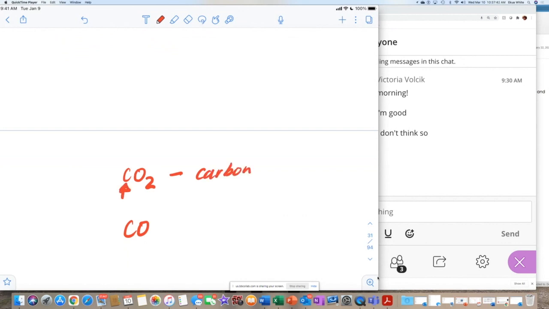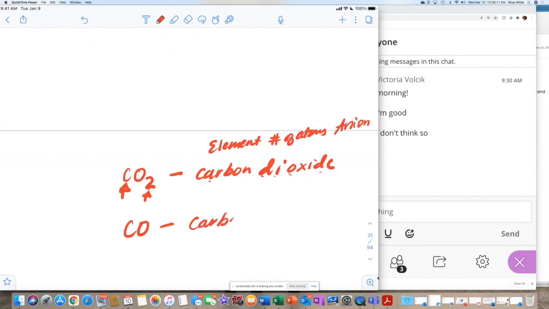So let's use this, how we name this. Carbon, referring to the first element, so that's named as an element. Di, referring to the number 2, the number of atoms, and then oxide. The oxygen is not named as an element, it's named as an anion. So I say anion: carbon dioxide. Okay, then this one here, carbon monoxide.